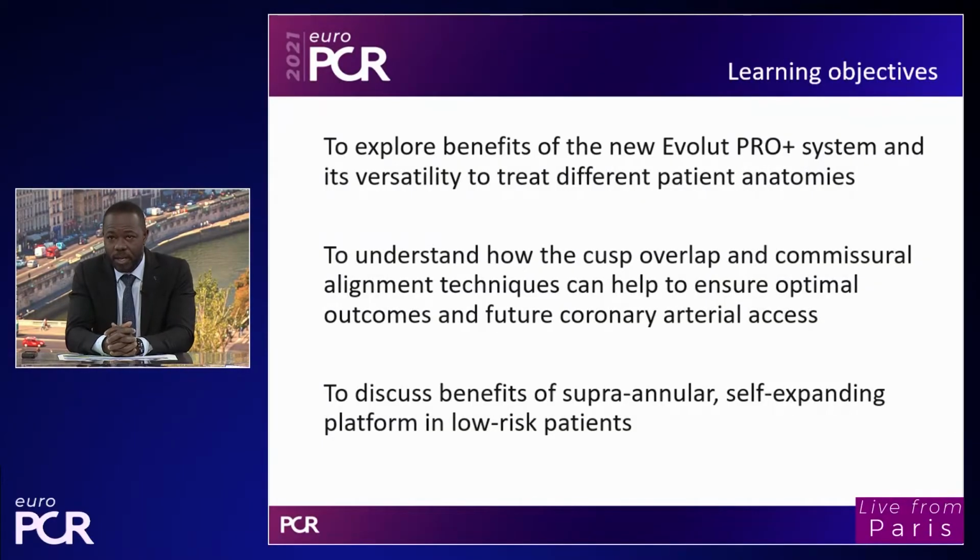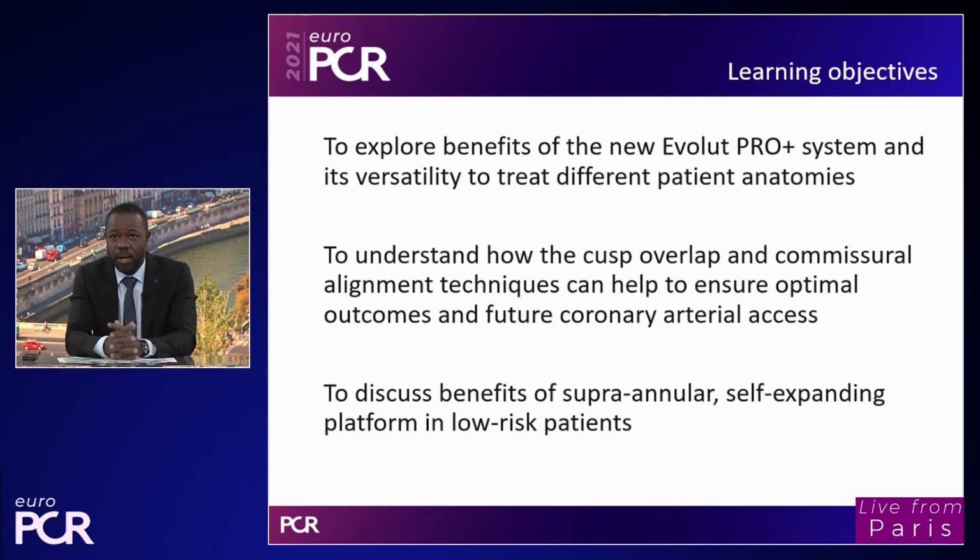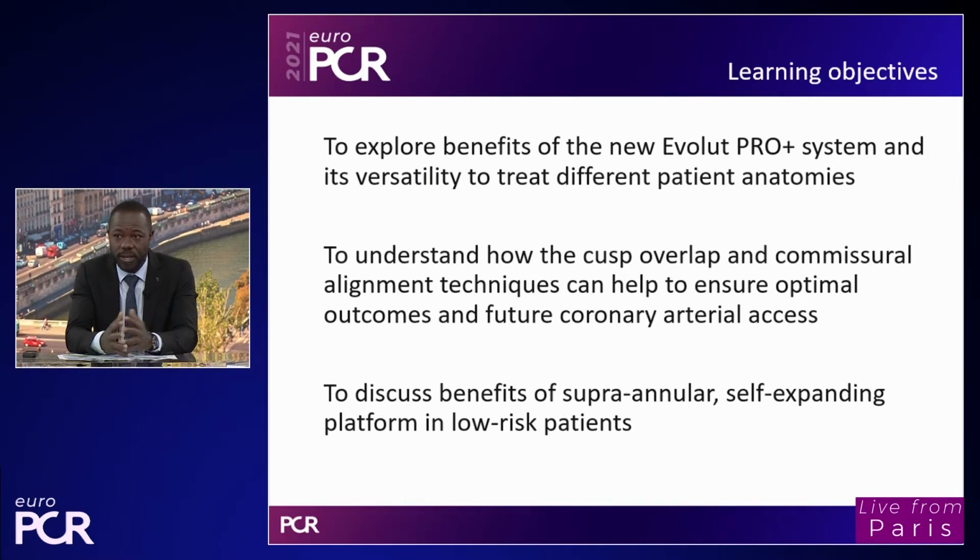So what are the learning objectives today? Maybe we can pop up the slide. Today what we will aim at is first to explore the benefits of the new Evolut PRO Plus platform and its versatility to treat different patients' anatomies.